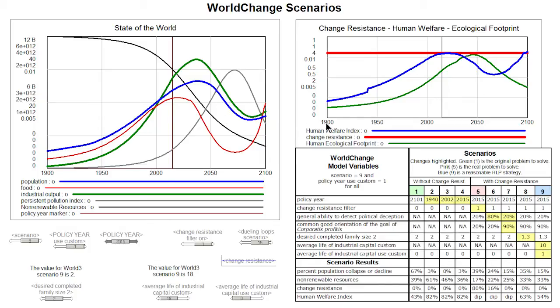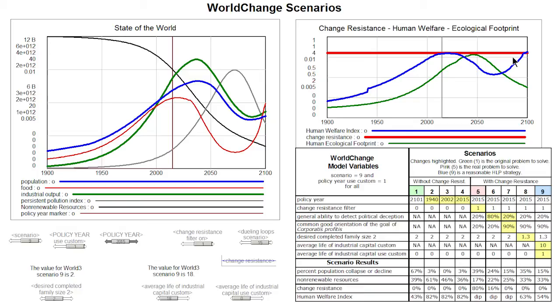Over here is the human welfare and ecological footprint graph from the World 3 model. We've added the change resistance variable to it, the thick red line. Right now, change resistance is high all across the simulation model because the change resistance part of the problem is unsolved.